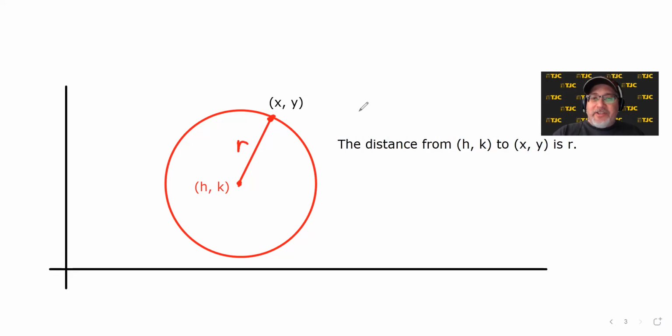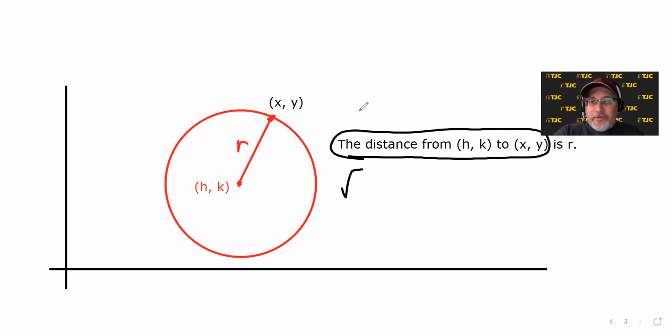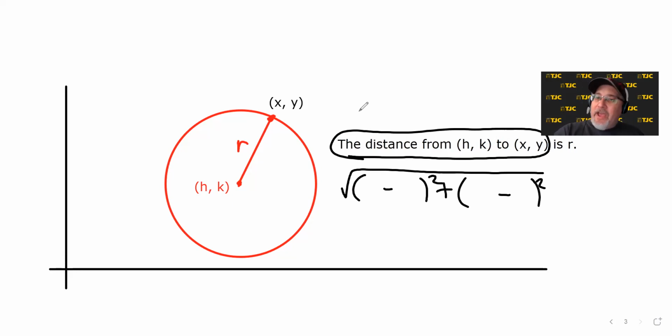But we know that the distance formula is the square root of the sum of the squares of the differences of the X coordinates, so second X minus first X, which in this case is X minus H, and the difference in the Y coordinate, second Y minus the first Y would be Y minus K. And that distance is equal to the radius.